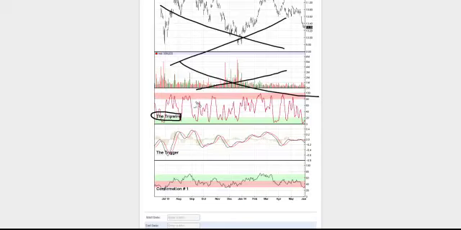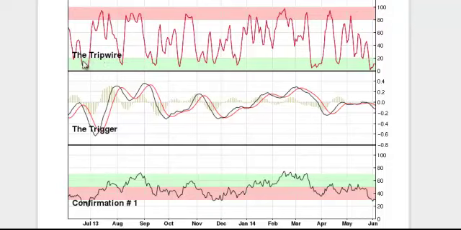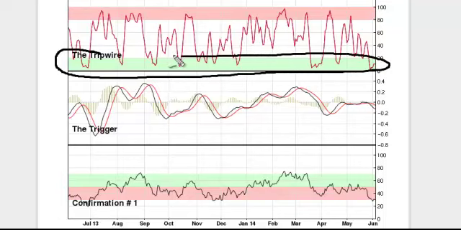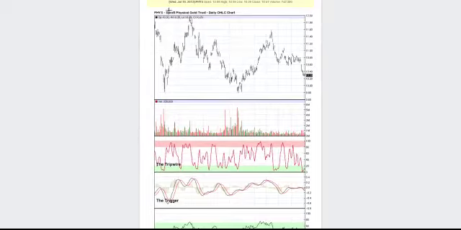The volume is not important until we have what we call a tripwire. And a tripwire occurs whenever this squiggly red line dips down into the green area. Whenever that red line dips down into this green area right here, we then suddenly begin to pay attention to, in this case, PHYS, this ETF.